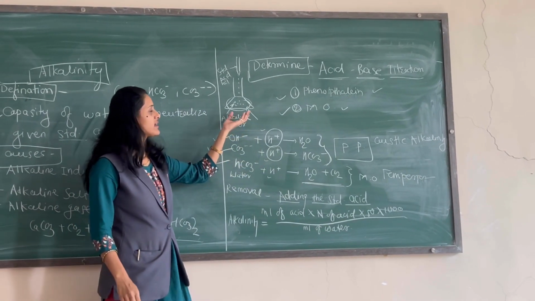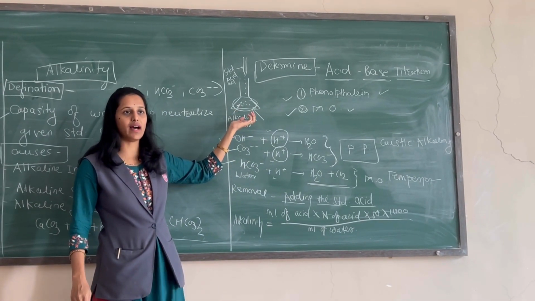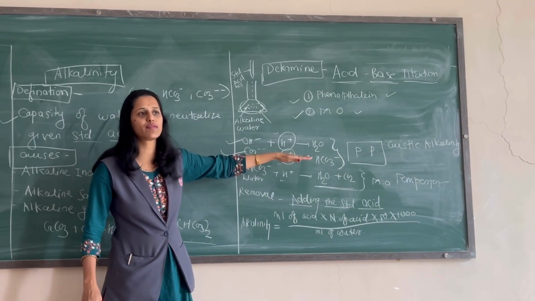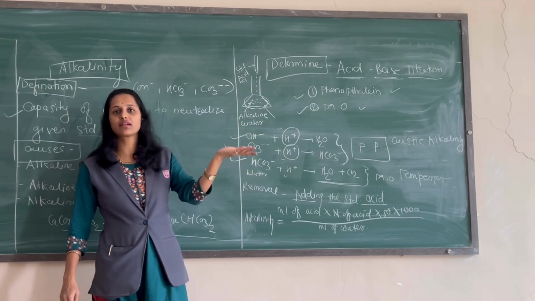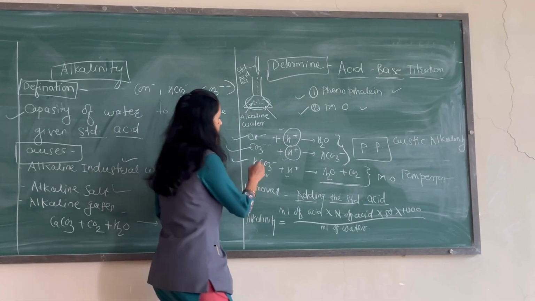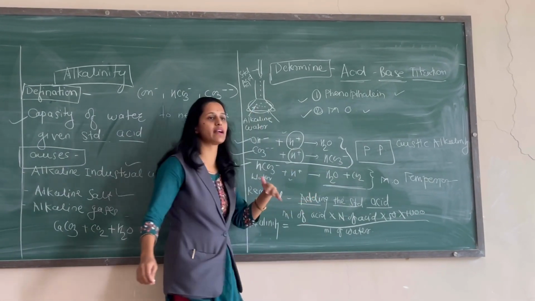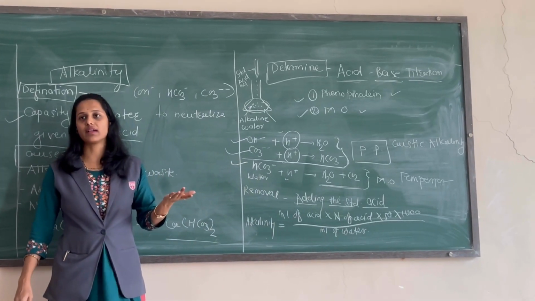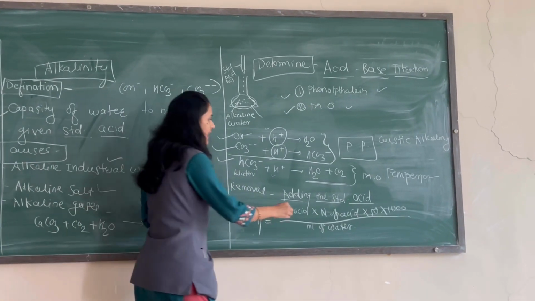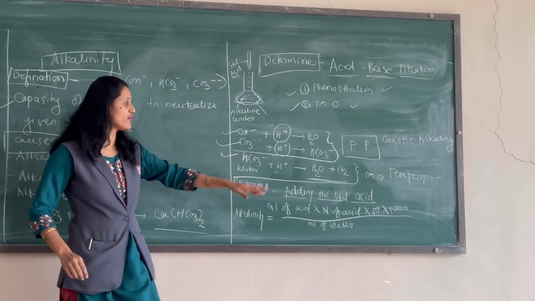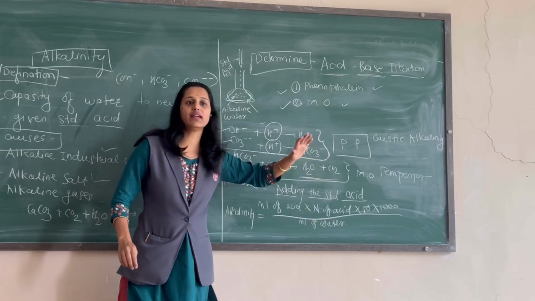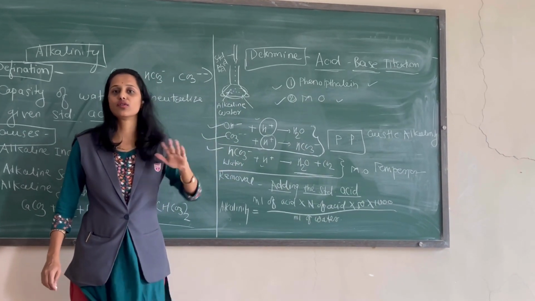When we take the water sample in the conical flask and add phenolphthalein indicator, the solution changes color, as these two reactions take place in the conical flask. Then when you add methyl orange and its end point is reached, the whole solution becomes neutral.